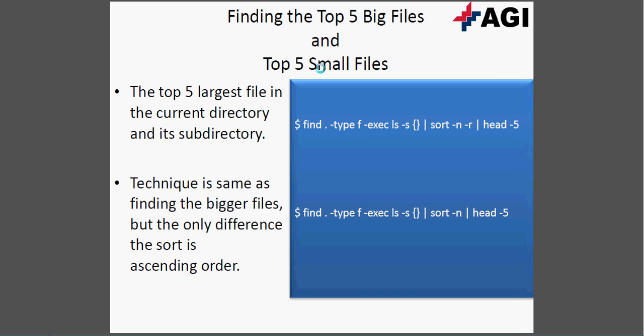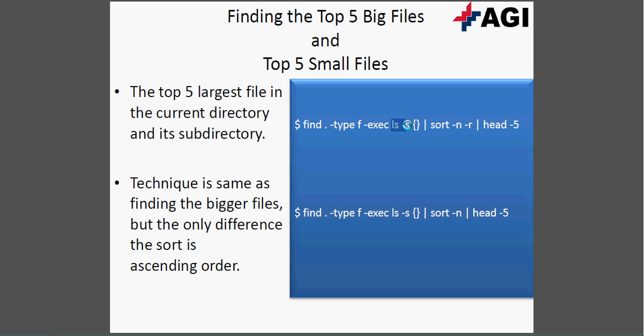I can also use find to look for the biggest files within my directory and also the smallest files. So for that I use again the exec command. So I can do find, then the type of file, then I can pass this output to the exec command.